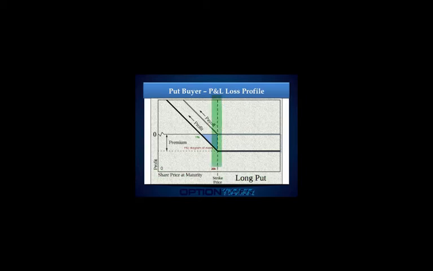The dotted line is the strike price, and in the case of our car, that strike price is going to be $20,000. And anything below $20,000, the put option buyer has a profit.